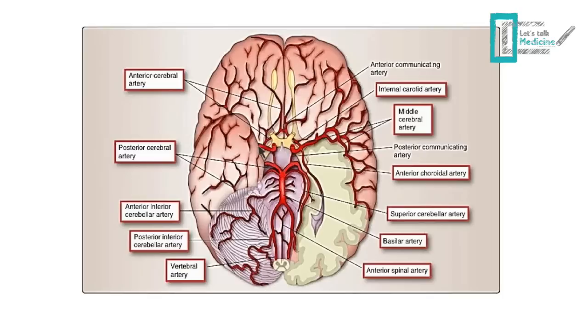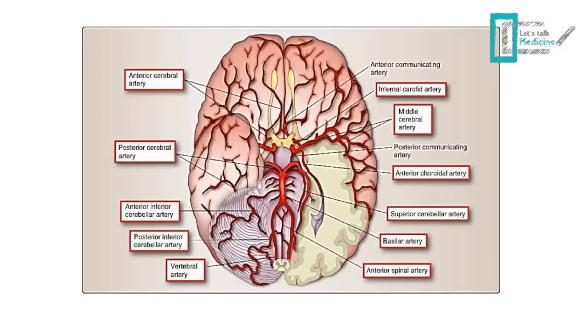When it moves laterally, it will go within that lateral sulcus and move outwards toward the lateral surface of the hemisphere. When it reaches the lateral surface, as you will see with the next pictures, it will give branches upward and branches downward to supply the lateral surface of the hemisphere.